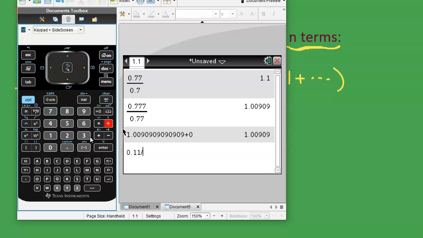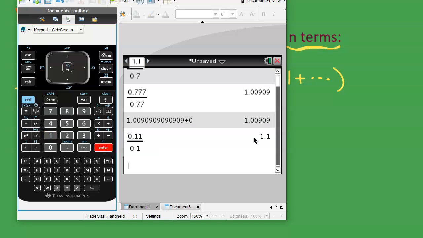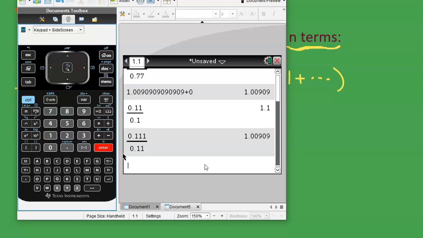0.11 divided by 0.1 is 1.1. But 0.111 divided by 0.11 is not equal to 1.1. You see, it is the same value that we had before.